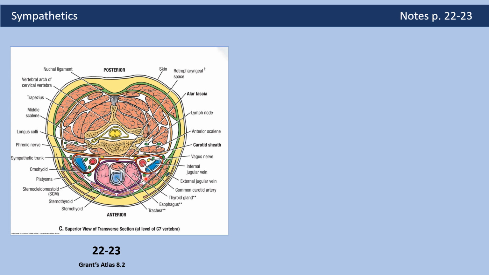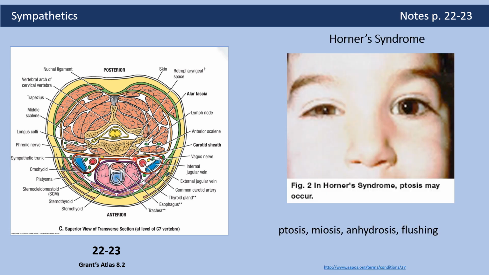Notice also the close association of the carotid arteries and internal jugular veins in the carotid sheath to the sympathetic trunk. So for instance, if there is a carotid aneurysm, it could impact the sympathetic trunk on either side, or infections that maybe impact the retropharyngeal space could also impair the sympathetics to the head and face.